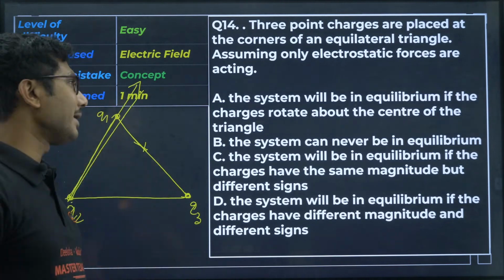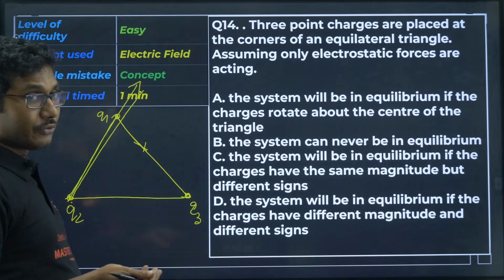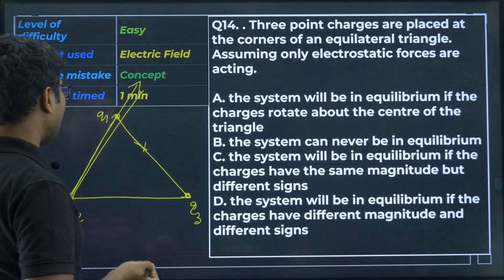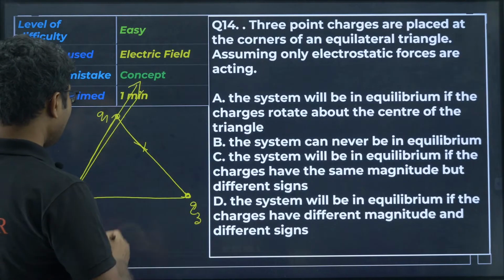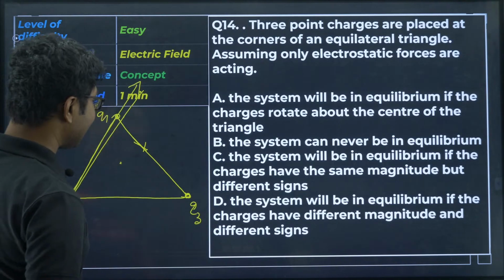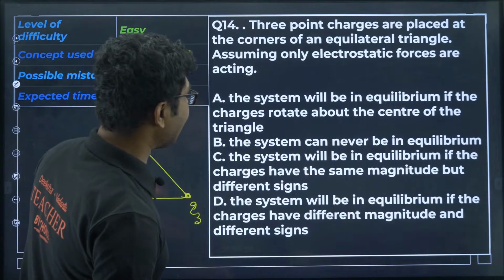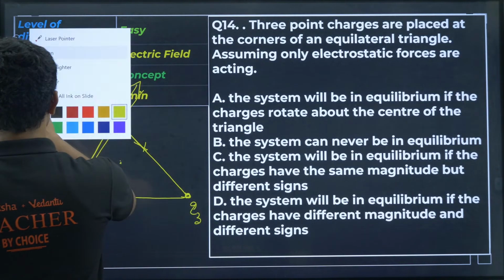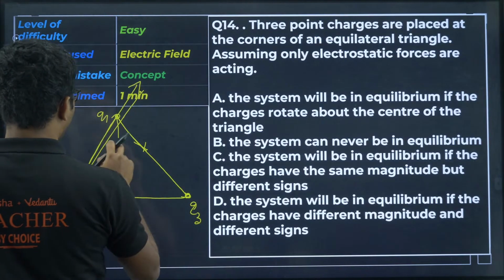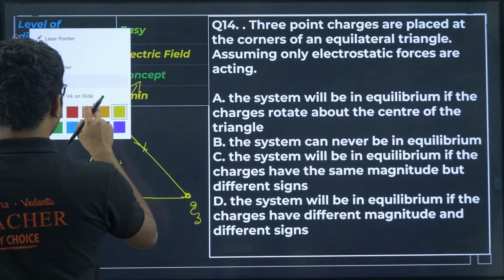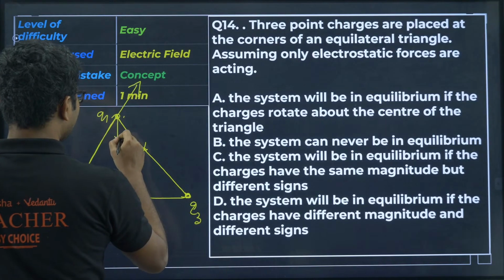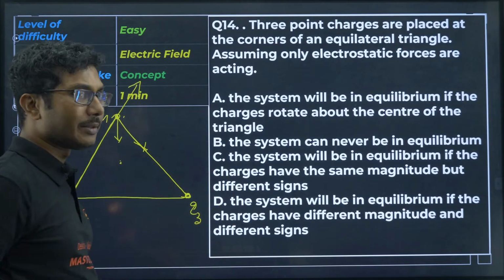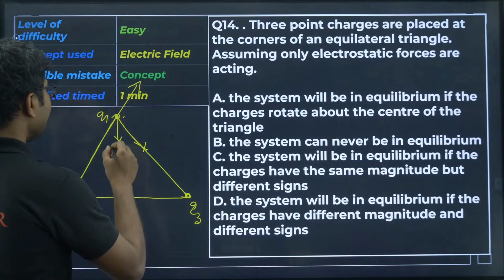Now if you rotate it, can we add one more force? Yes, possibly a centripetal force can be acting if it is rotating about the center of the triangle, and the centripetal force will be in this direction. But can it create any equilibrium?